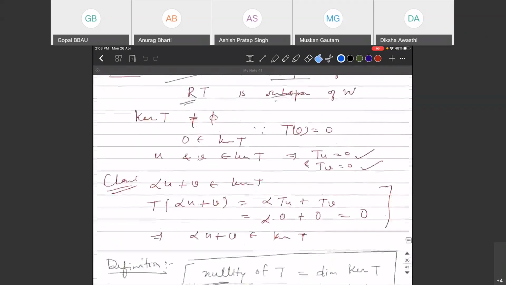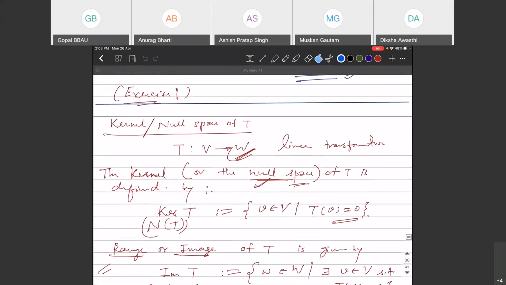Okay, let us recall a few things. We were discussing null space and range space of a linear transformation. Let us recall it again.